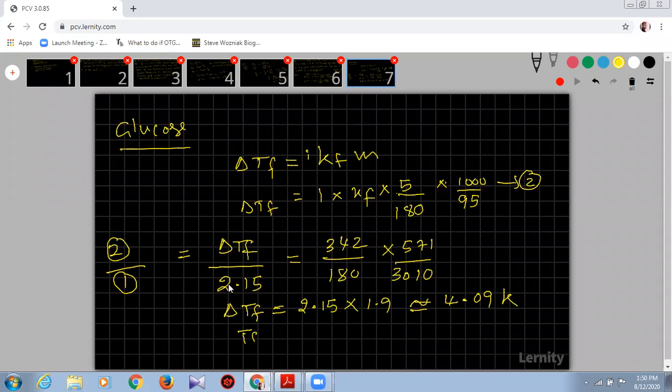So TF naught minus TF is equal to 4.09 Kelvin. TF naught is the freezing point of pure water, which was given in the problem itself as 273.15.